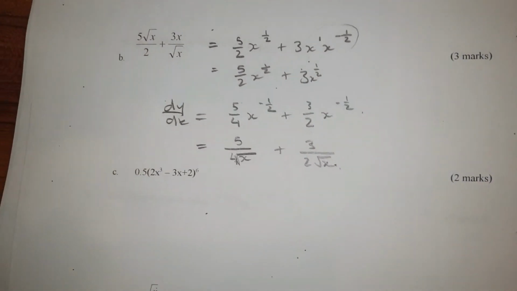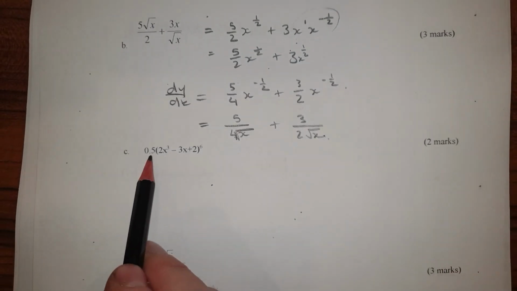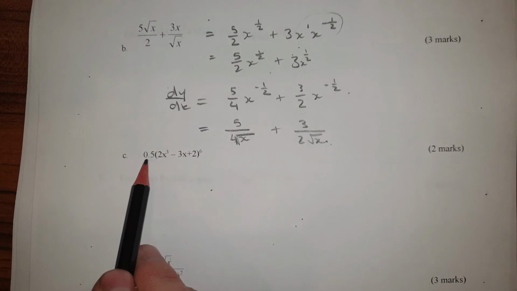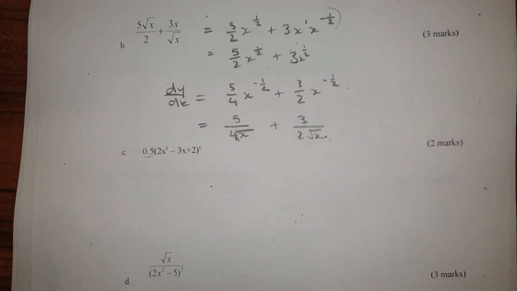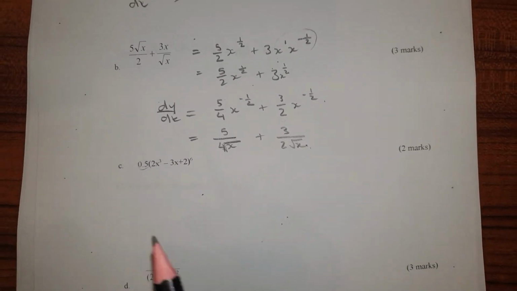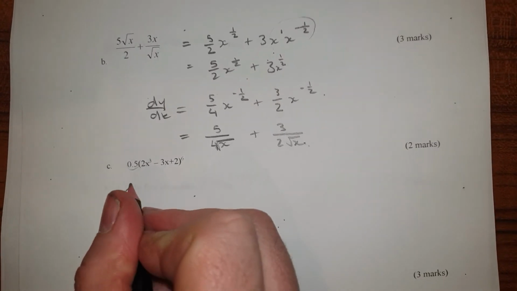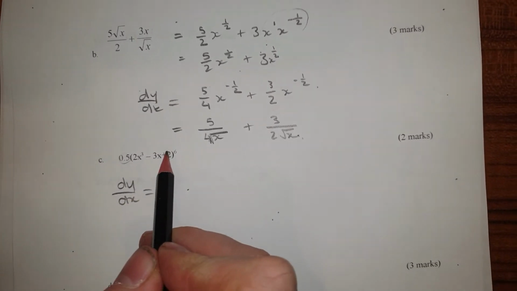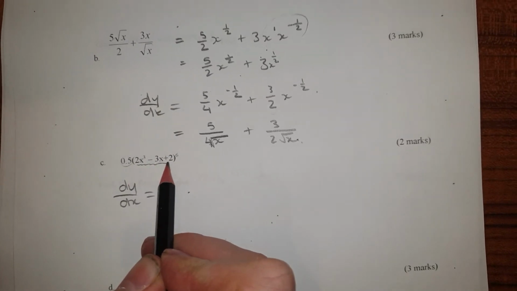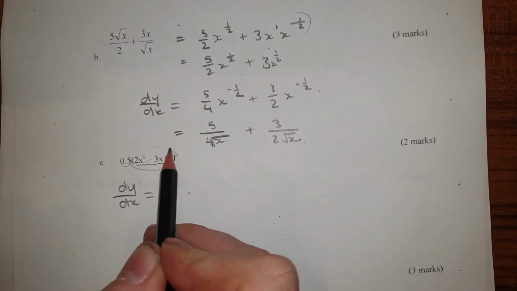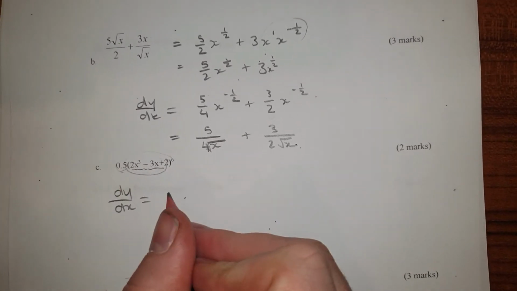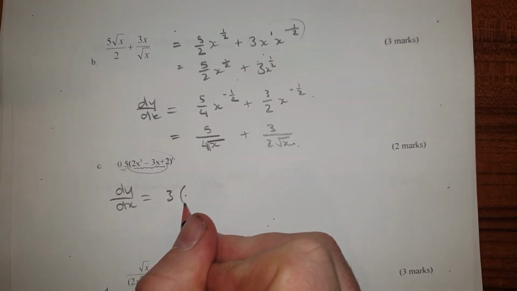Okay, the next question is a chain rule. It might be tempting to think that it's a product rule, but this is just a constant out the front, so we can just treat that as a constant that can basically stay at the front. So the derivative will be, I'm looking at this, and this is my inside function here, and this is my outside function here. So I'm dealing with my outside function first, so the 6 comes down, times by half, it's 3.